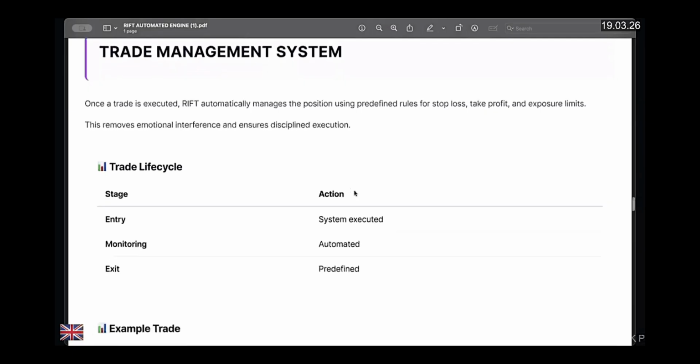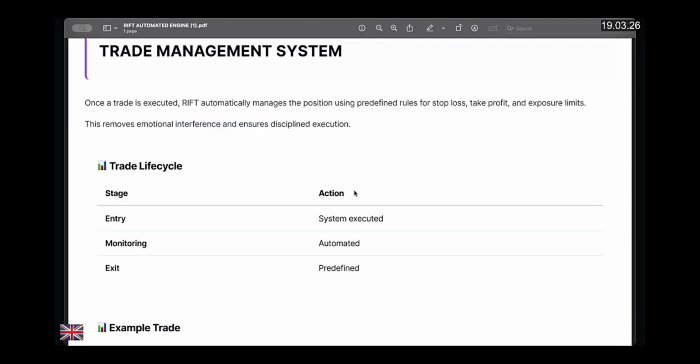Then there is the trade management system, which we have very efficient. It opens and closes your trades for you. It has been doing that from Monday. You have seen how trades are opened for you and how trades are closed for you. Once the trade reaches the stop loss, or once the trade reaches the take profit point, the trade is closed automatically.